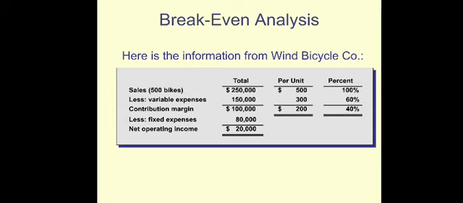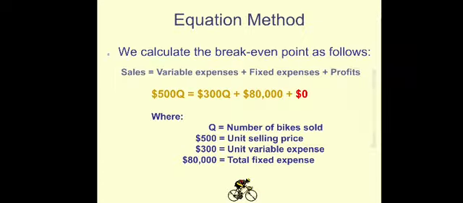So let's see how we can use the equation method to calculate the break-even point for this bicycle company. So remember the formula is sales or total revenue equal to variable cost plus fixed cost. Now we want to identify the break-even point in terms of quantity.